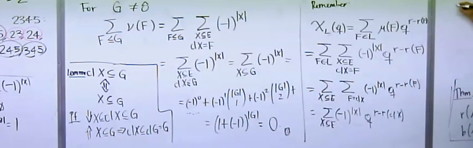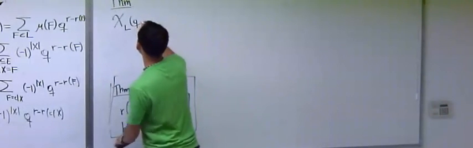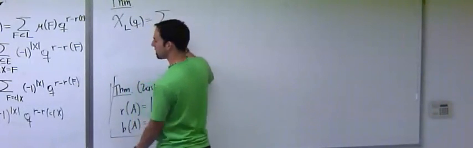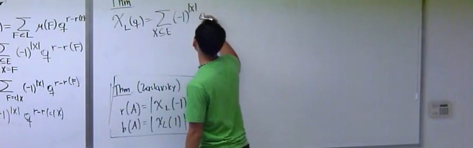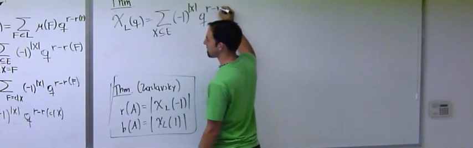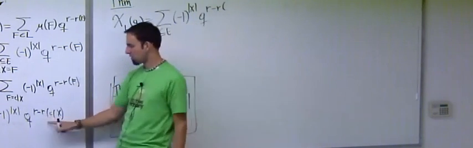And so what I just proved is the theorem that if you want the characteristic polynomial of the lattice of flats of a matroid, then you just have to add up for all x's in E minus 1 to the x, q to the rank minus the rank of, what is the rank of the closure of x? It's just the rank of x.